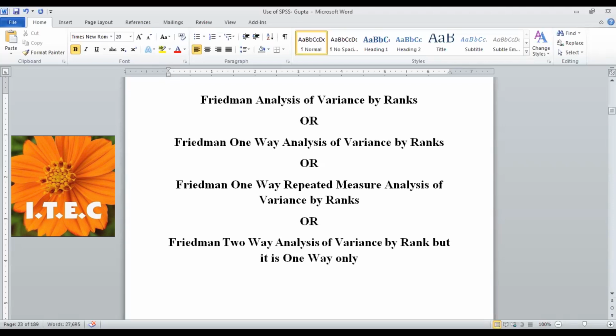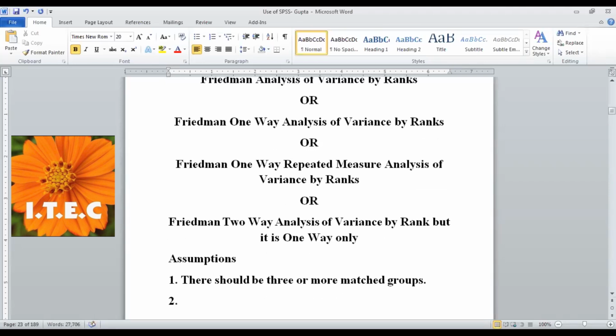So one of the assumptions is that there should be three or more matched groups. It is not an independent group. They are matched groups, and it is one way repeated measures ANOVA.